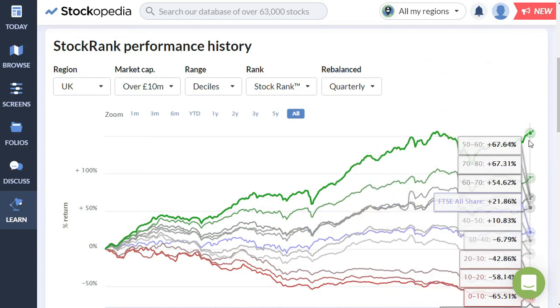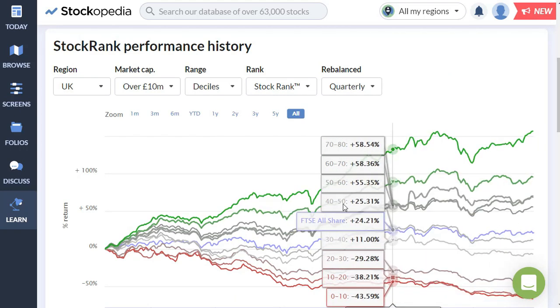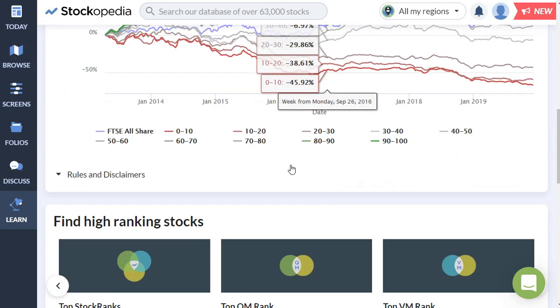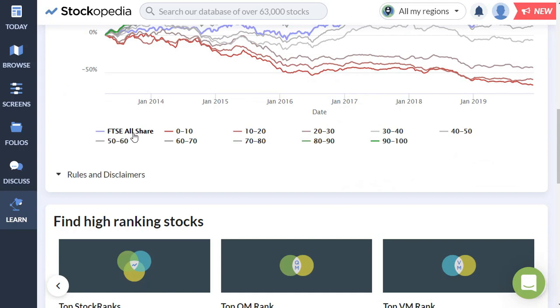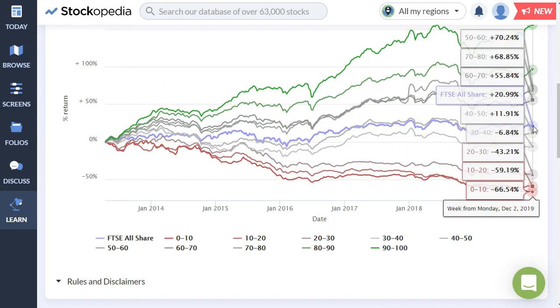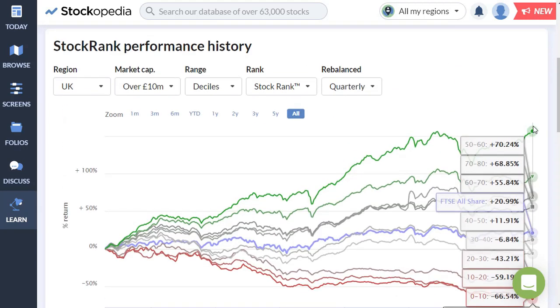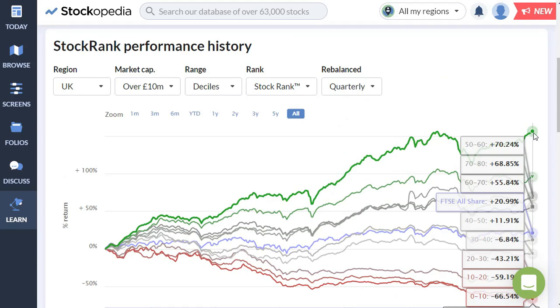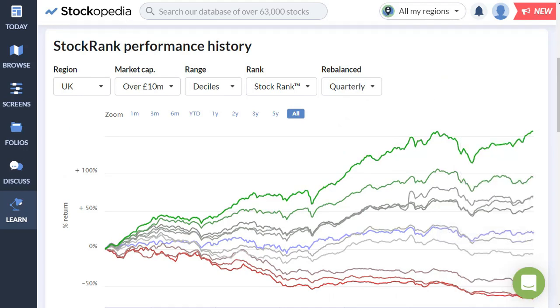That would have outperformed all of the other deciles here quite significantly. And if we look at the FTSE All Share, that is the light blue one here, that one has performed just around 21% altogether in that period, whereas the top up here, let's see if we can find it.